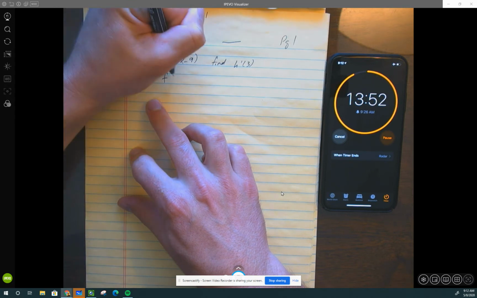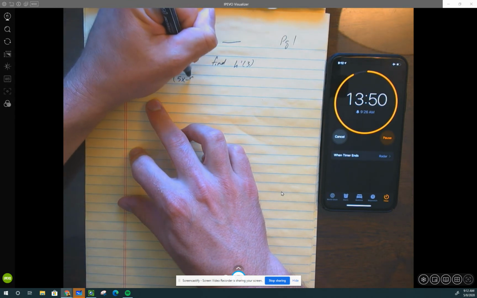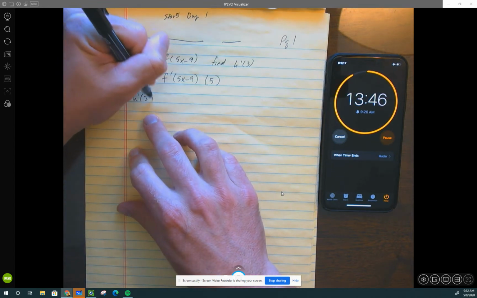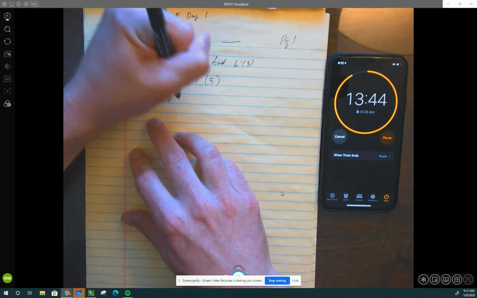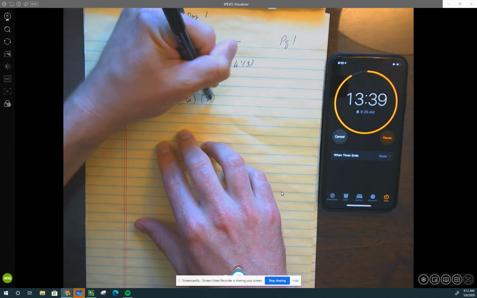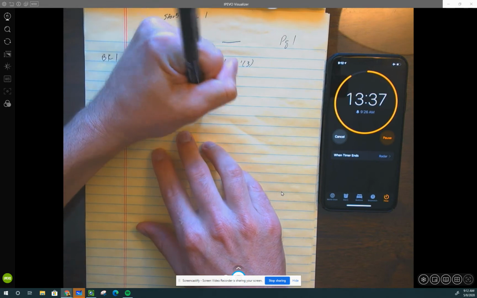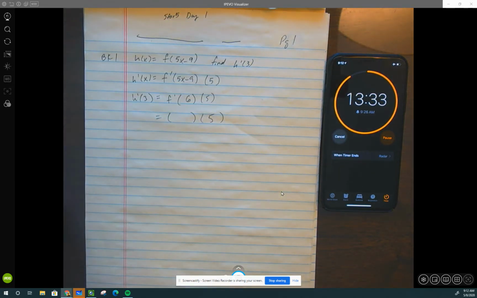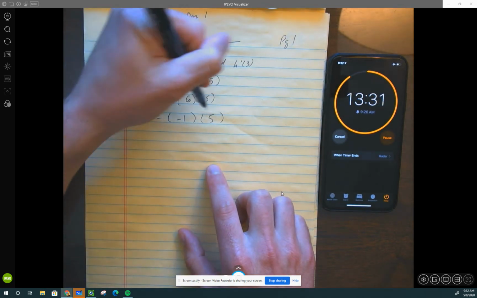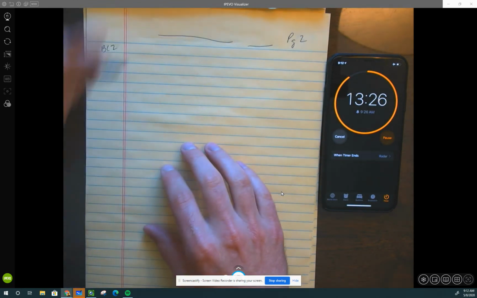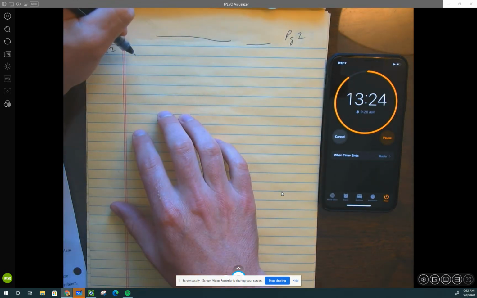Derivative of the outside times derivative of the inside. Done. BC2. Evaluate.